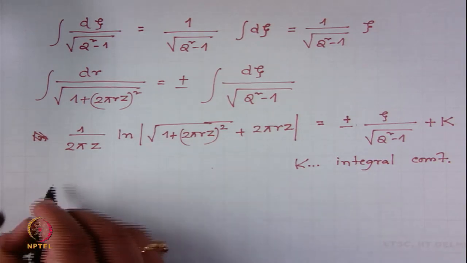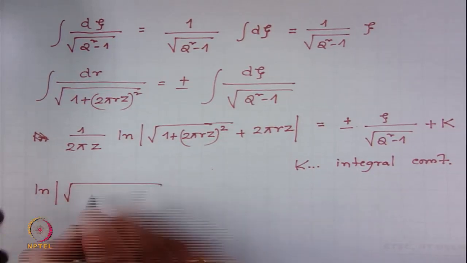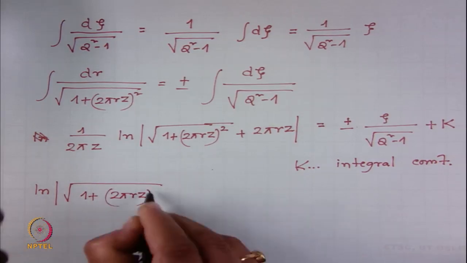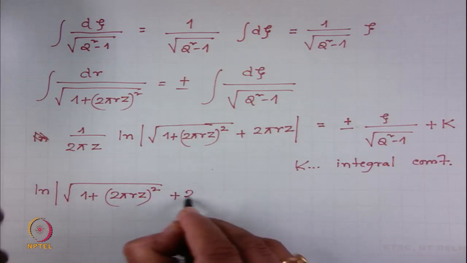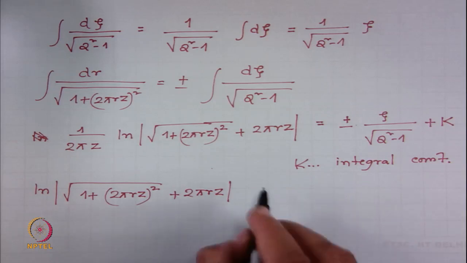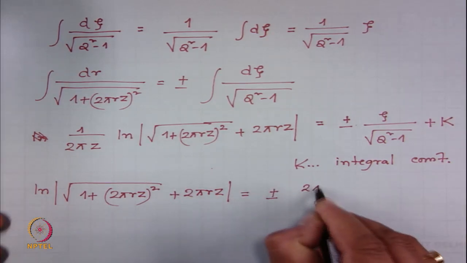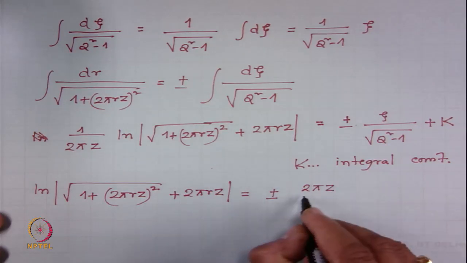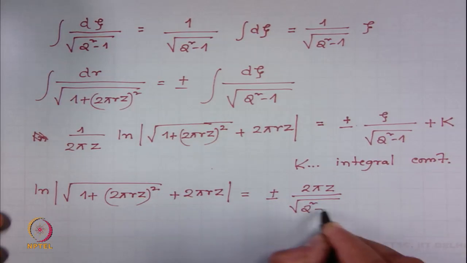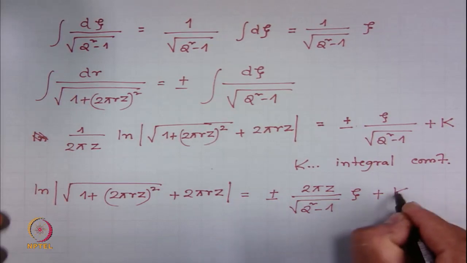So, we can rewrite it further: root over 1 plus 2 pi r z square plus this is equal to plus minus 2 pi z root over q square minus 1 into zeta plus k.